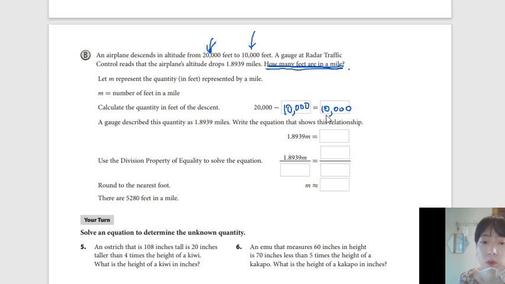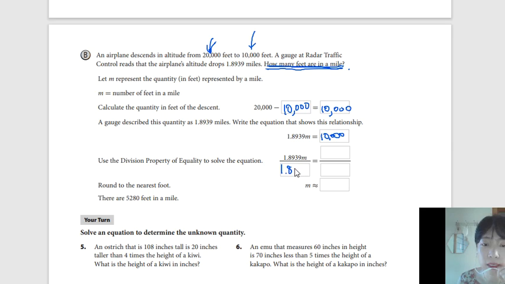And a gauge described this quantity as 1.8939 miles. Which means 1.8939 times m, the number of feet in a mile, is going to equal 10,000 feet. And so we're going to solve for m now.